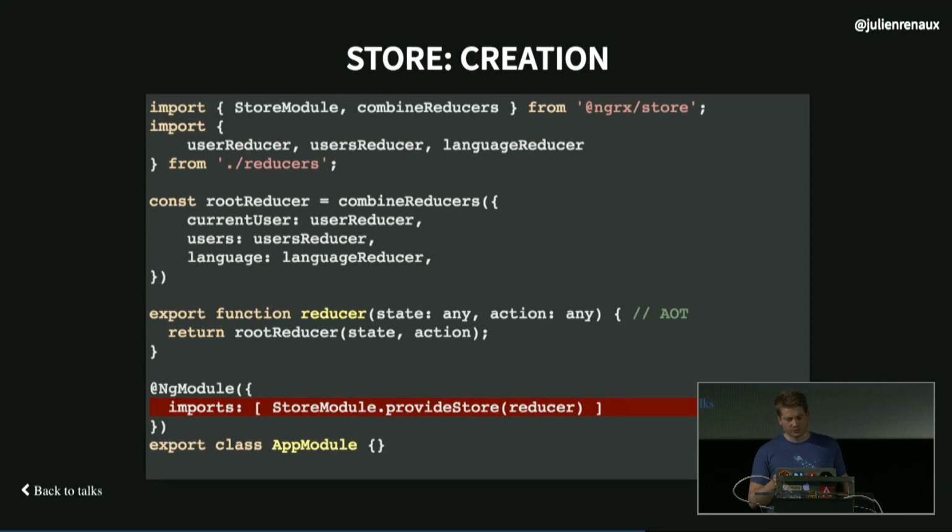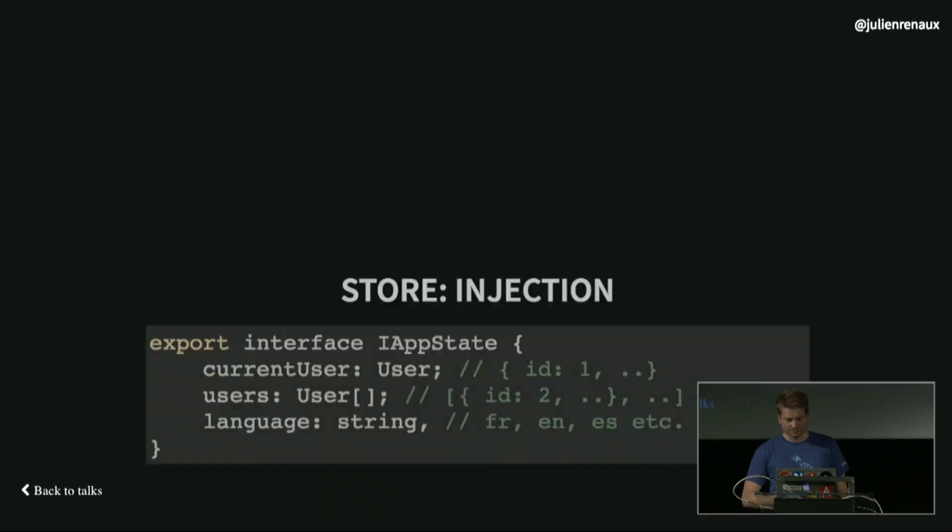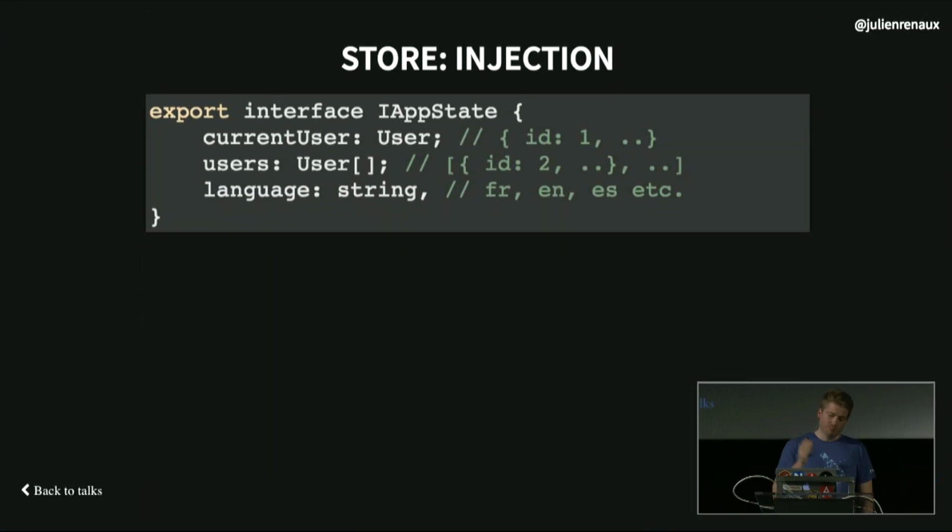So now that our store is ready to be used and is imported into our application, how do we use it in our components or services? Before we can use it, we must create its definition. To do this, we can use a TypeScript interface, and in that case, the current user is a user type, the users are an array of user, and the language is a string.